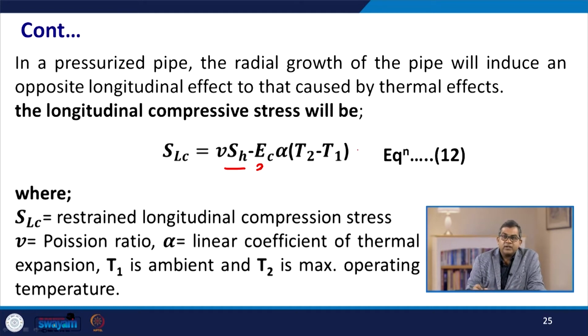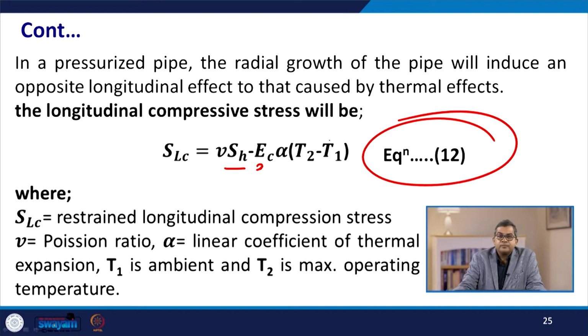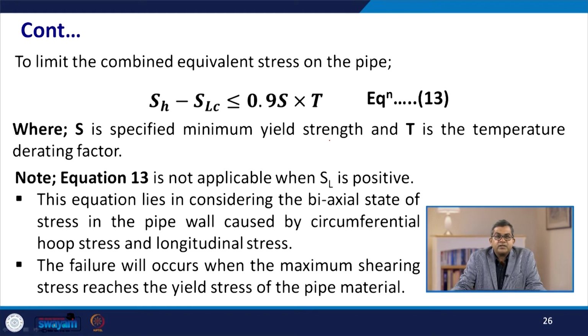minus T1), that is equation number 12, where SLC is the restrained longitudinal compression stress, V is the Poisson's ratio, alpha is the linear coefficient of thermal expansion, T1 is the ambient temperature, and T2 is the maximum operating temperature.